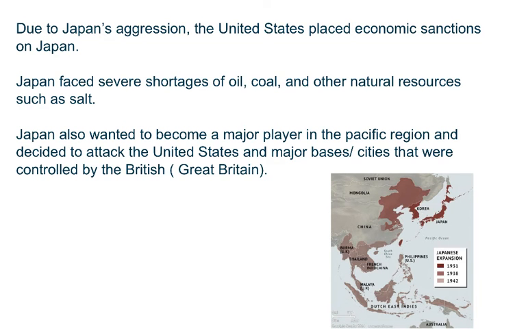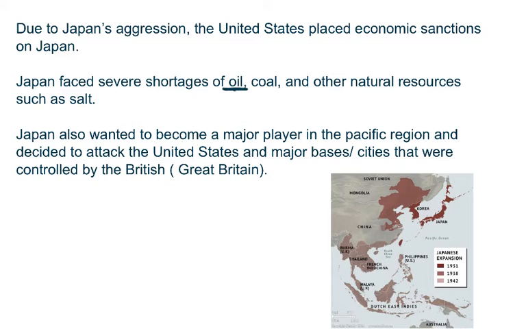Now, because Japan was invading all these other countries, the United States placed economic sanctions on Japan, which meant that they weren't buying or trading with Japan, and that they were preventing them from getting the things that they needed. Because of these economic sanctions, Japan faced severe shortages.